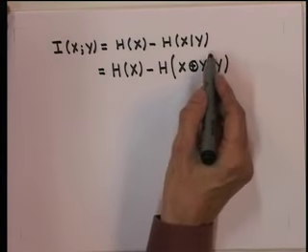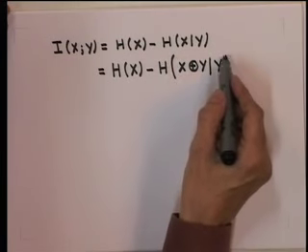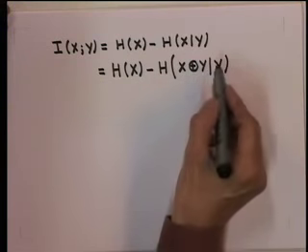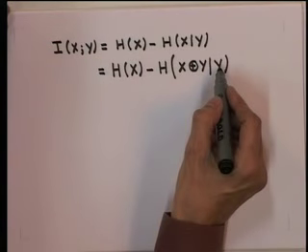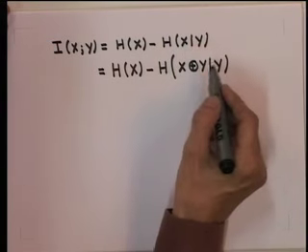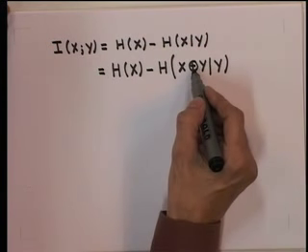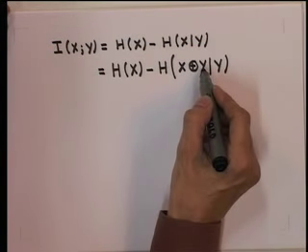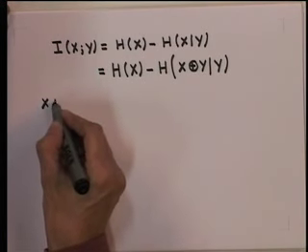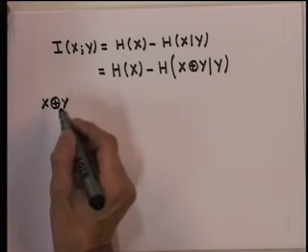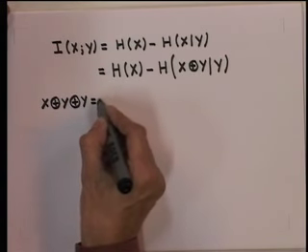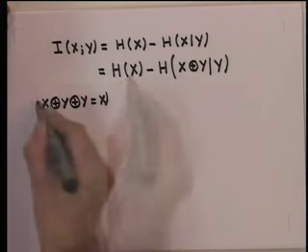Now, we have used the fact in writing this step that if we know y, then knowing x, we can obtain x XOR y and vice versa, as x XOR y XOR y is equal to x.